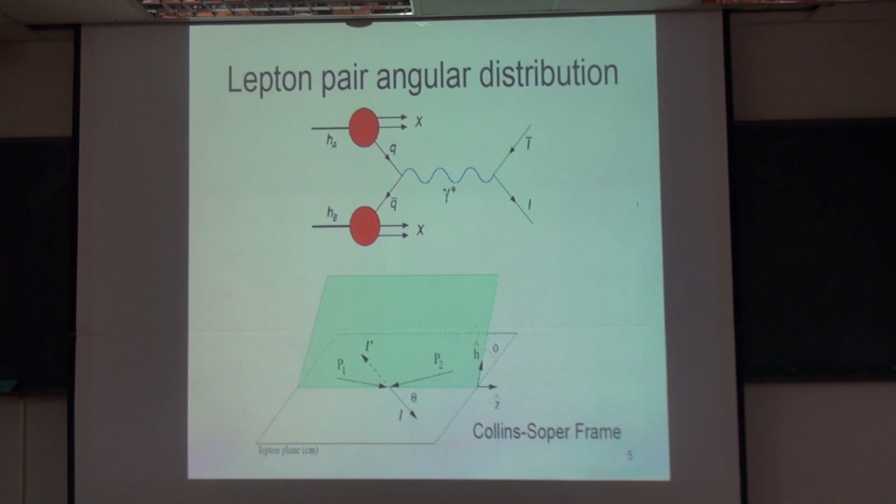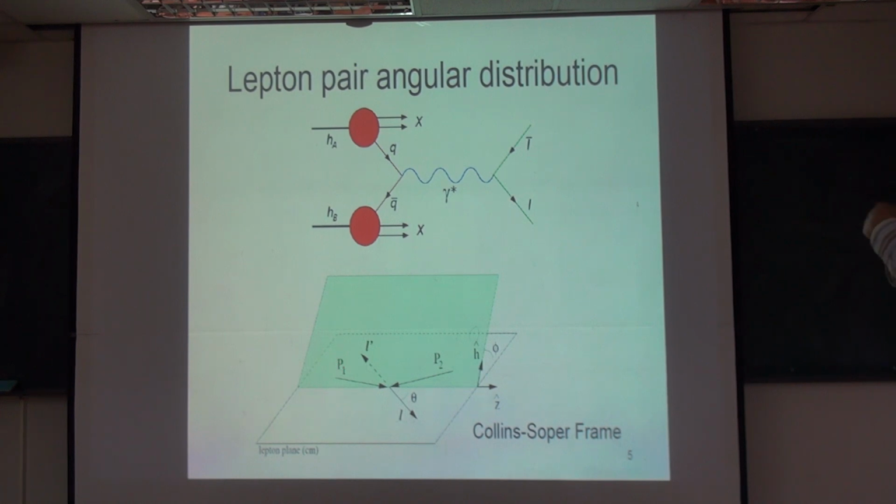Because in general this lepton pair can carry transverse momentum, we have to boost this Collins-Soper frame. Once we do this boost, the beam momenta will point downward, so you can see that these two beam momenta will look like this.